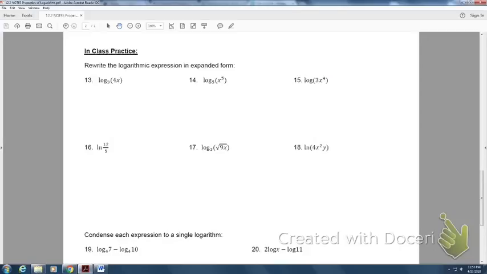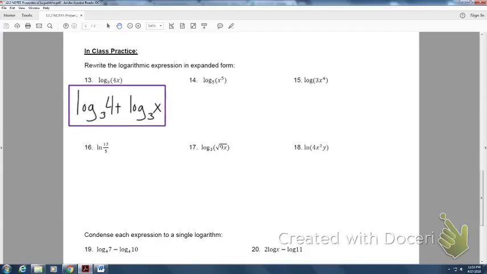Here's the answer to number 13. Log base 3 of 4 plus log base 3 of x. Here's the answer on 14. 5 times log base 5 of x.